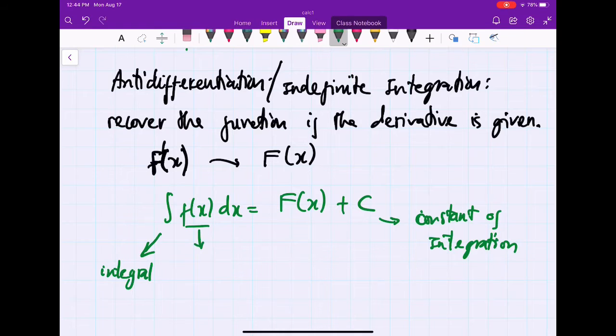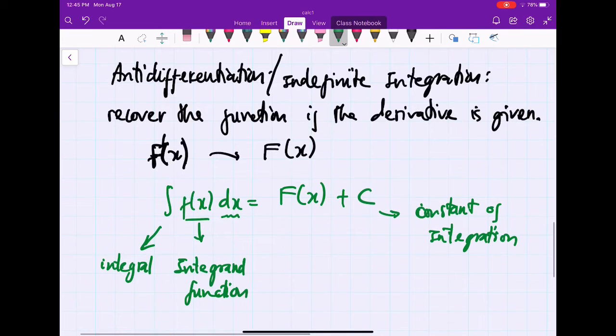This is the integrand function. All right, and dx is the differential of x. Okay, so that's how we introduce the indefinite integral. This is called the indefinite integral.